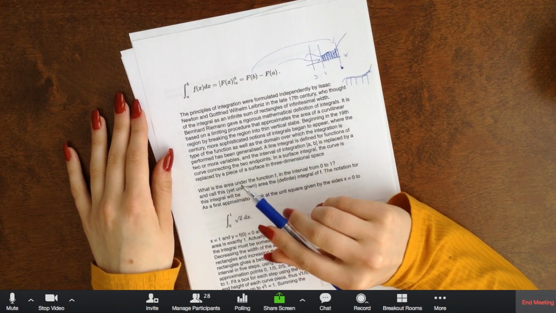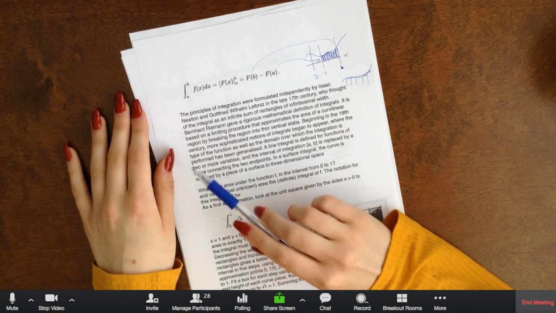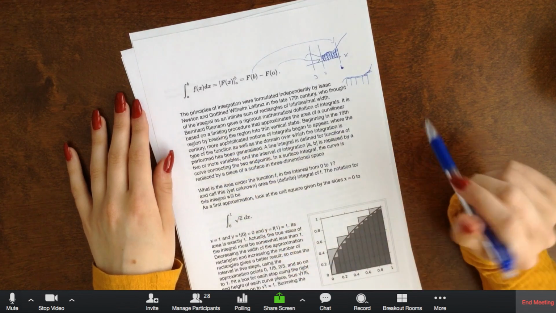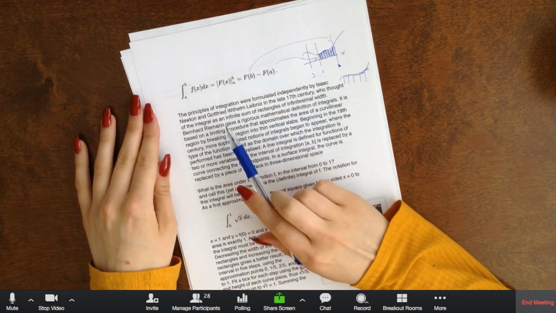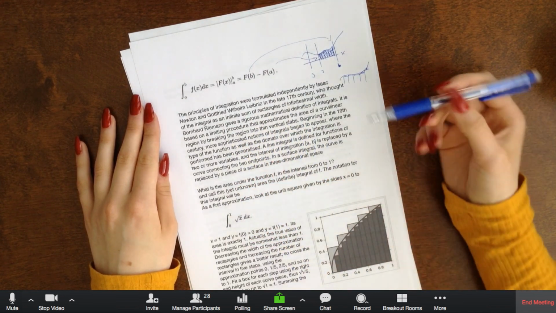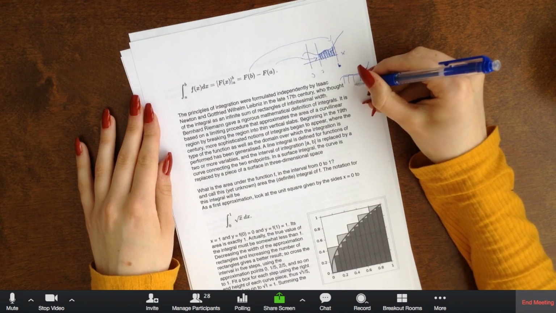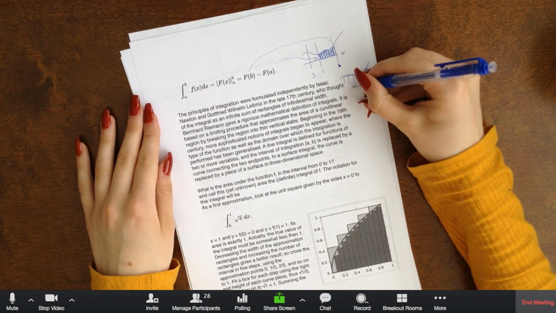But like Isaac Newton, he thought of the integral as an infinite sum of rectangles of infinitesimal width. So right now, let's say the width is c, so all of these are c and c.